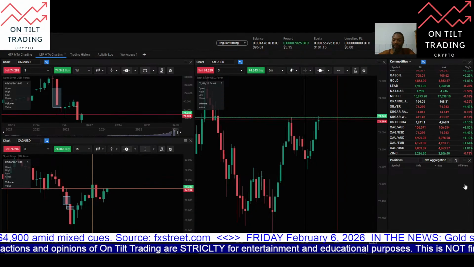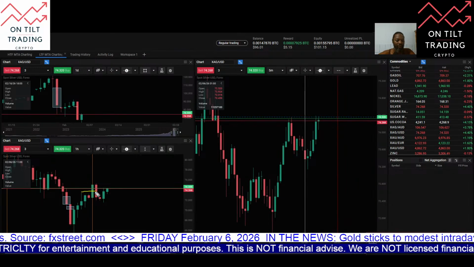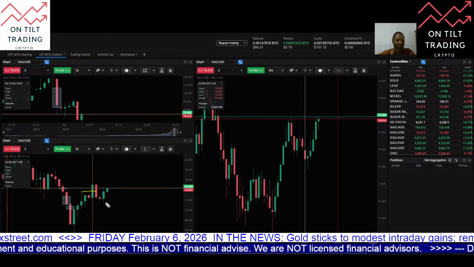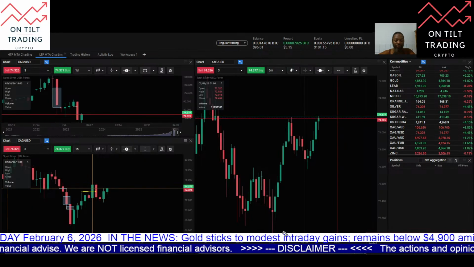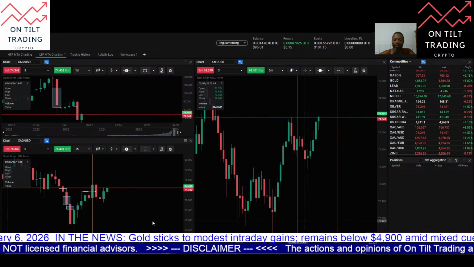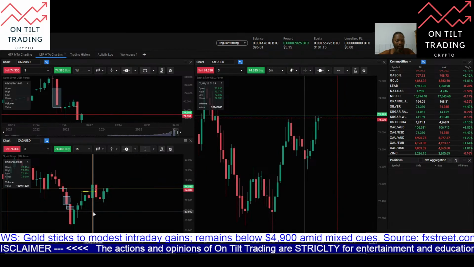What has happened here, as I mentioned, there's this level here with the body candle close here. There may be a wick candle close to the sell side.